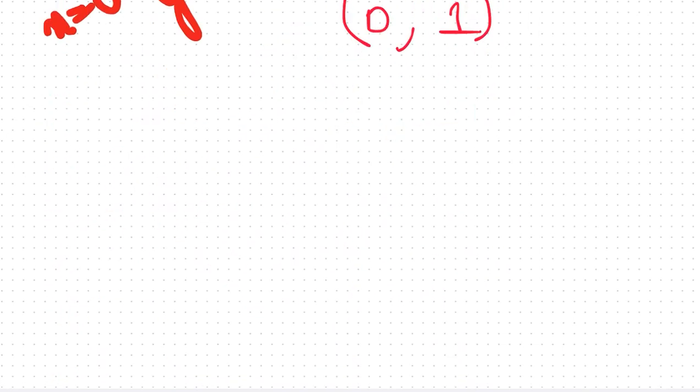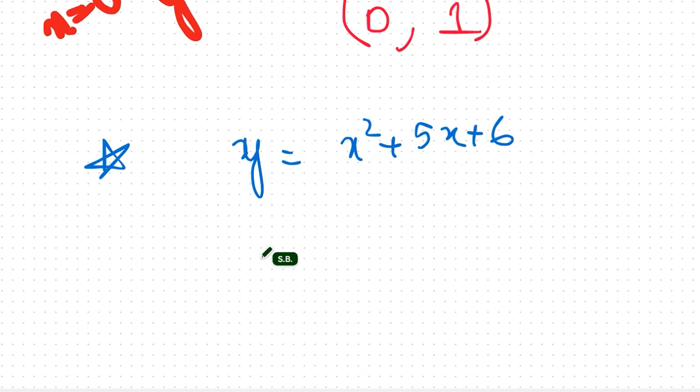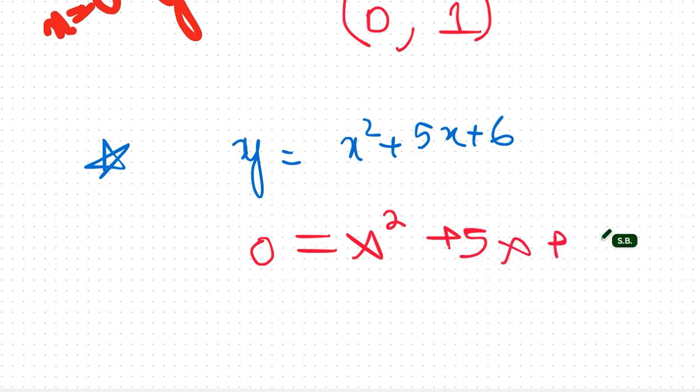Let's say this is 1. Come to the next one. y is equal to x square plus 5x plus 6. Y-intercept you know. X-intercept, yes, we find by using this method. See in the graph, can you see what the roots are?